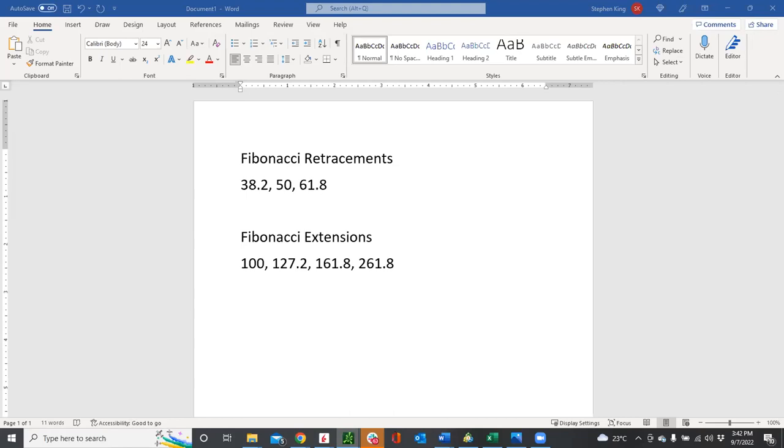Okay, give me one second, almost there. Okay, let's go to a different screen share.